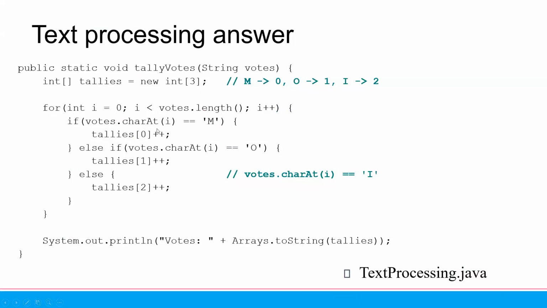If the character at position i is M, let's do tallies index 0 plus plus. If it is O, then tallies index 1 plus plus. If it is not M and not O, we assume that the result is I. So I will be tallies index 2 plus plus.